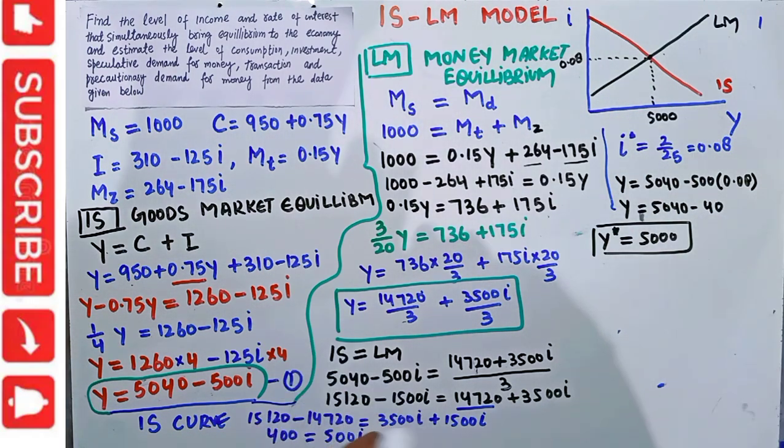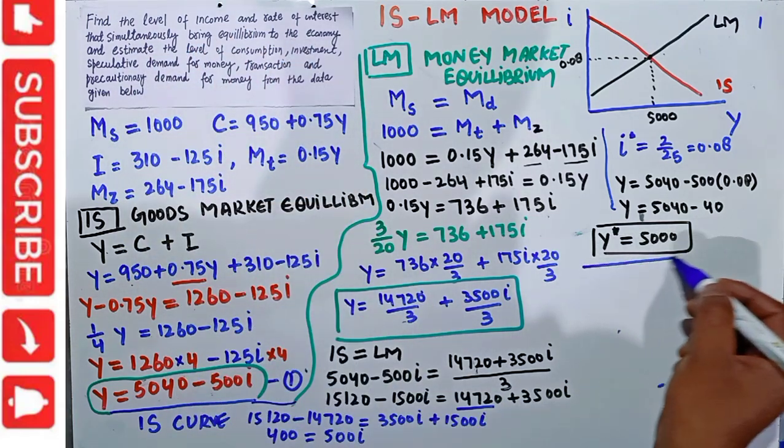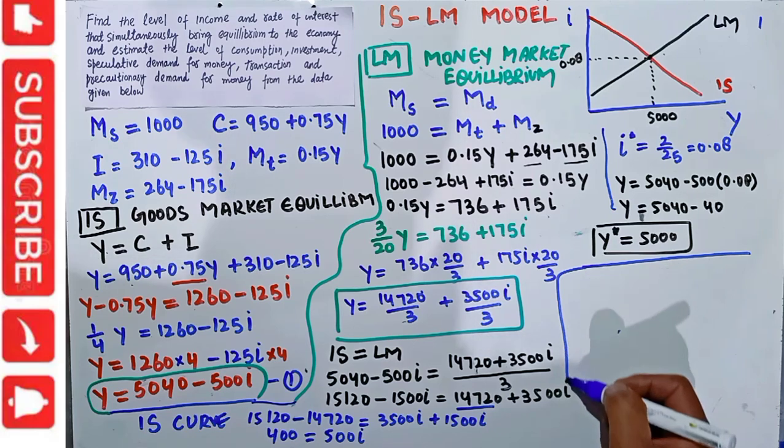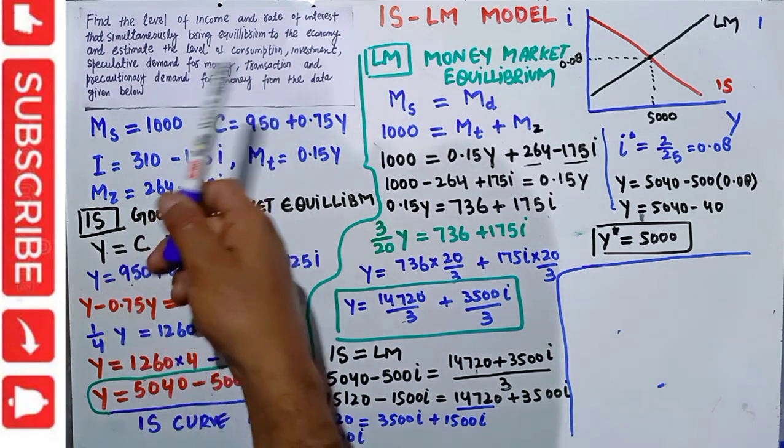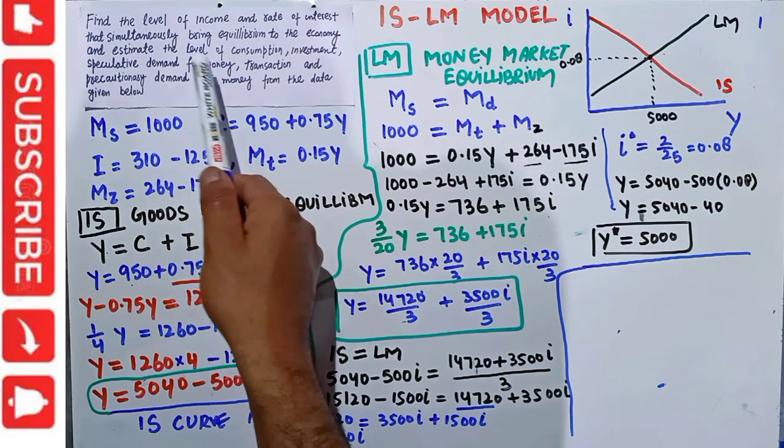So we are done with the level of income and rate of interest. Now we are being told to find out the corresponding level of consumption.